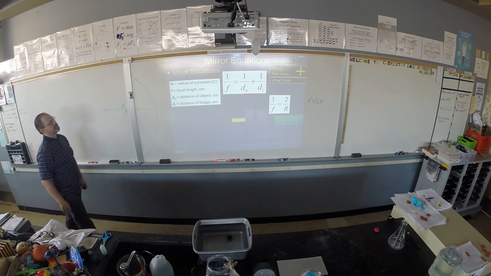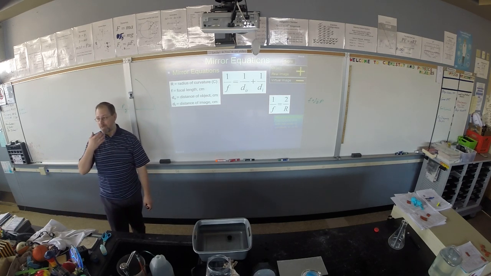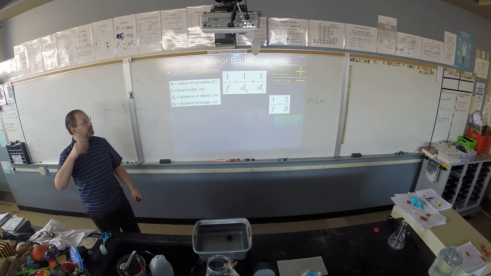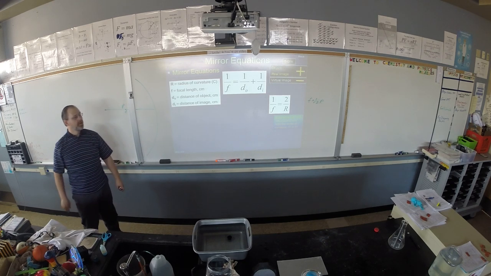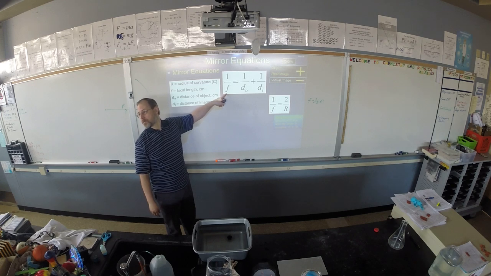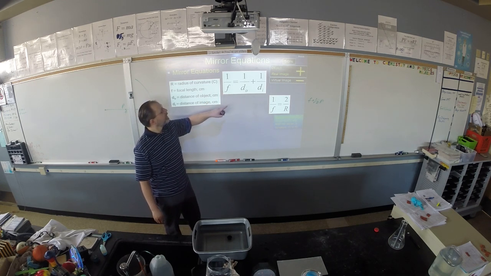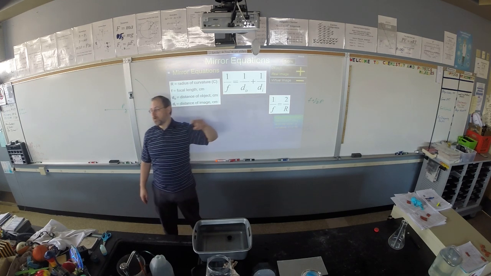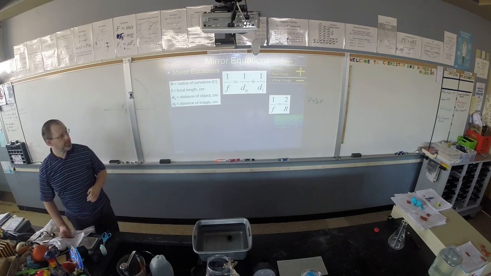And once again, distance object is always going to be positive. Objects are always going to be real, so they're going to get a positive value. The F could be negative, depending on whether the focal distance is virtual or real, and I'll show you that in a second. And the distance image could be real or virtual depending on where it is.